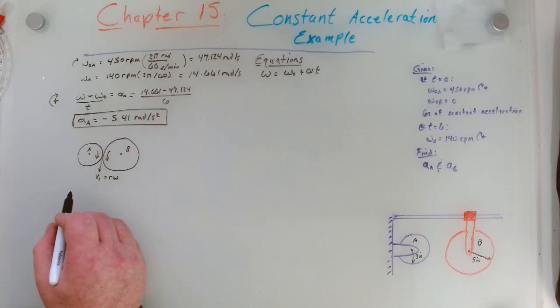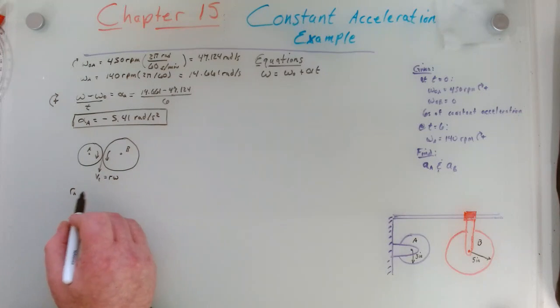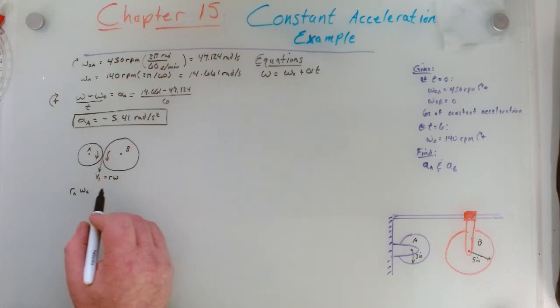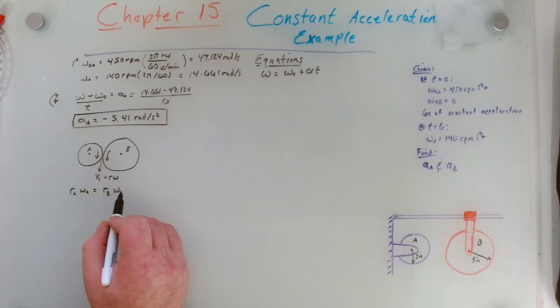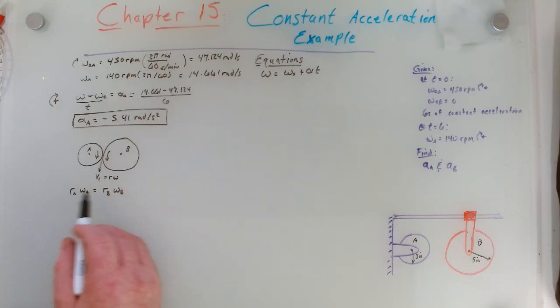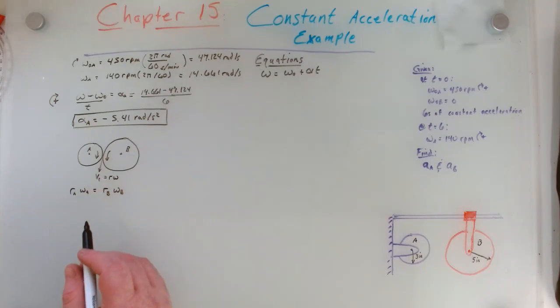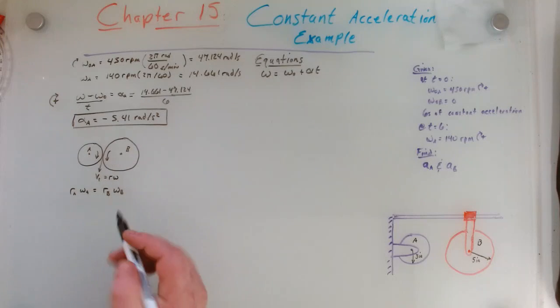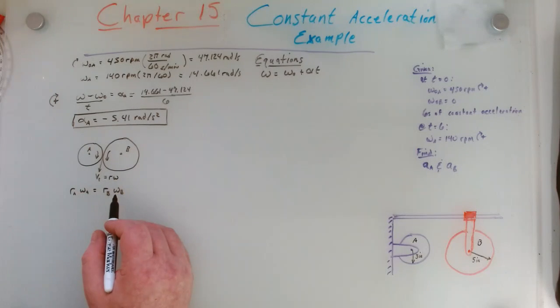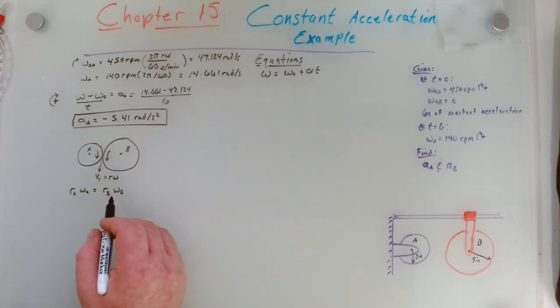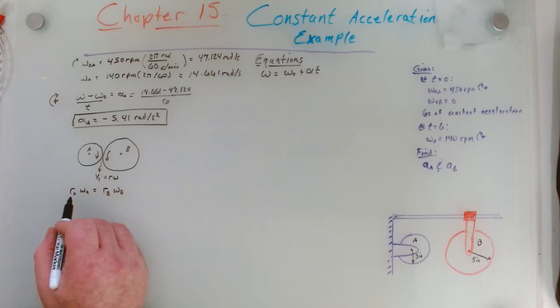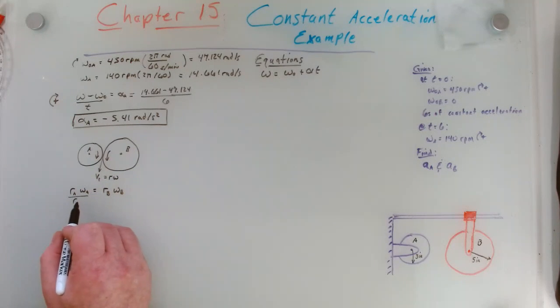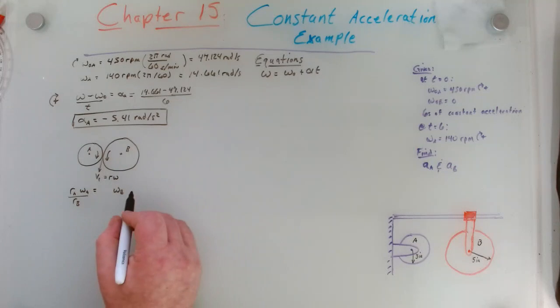What that allows us to do is to say Ra omega A equals Rb omega B. We're not going to worry about the directions, but the magnitudes for sure have to be the same. So if we want the magnitude of omega B, then we just divide by the radius of B, and we end up with that. So what is that?